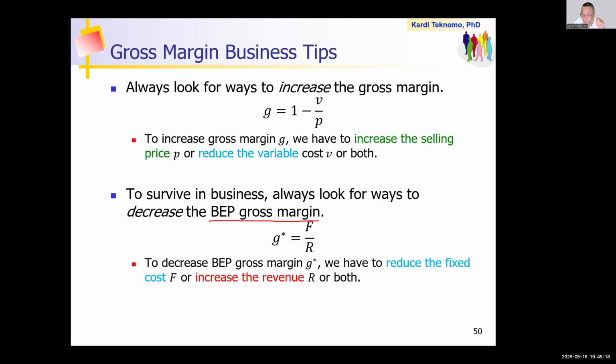So be careful. How do you reduce the BEP gross margin? Of course, you reduce the fixed cost and you increase the revenue. This one goes up, this one goes down. Is it clear or not?